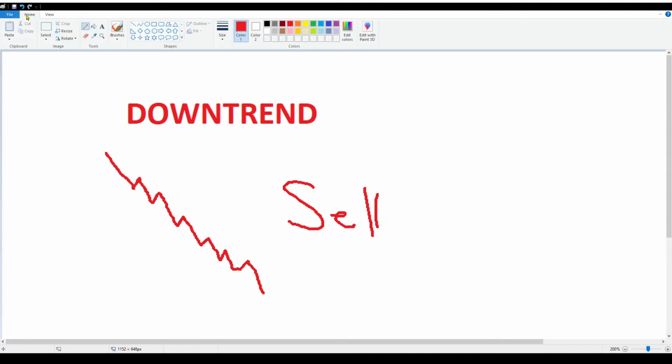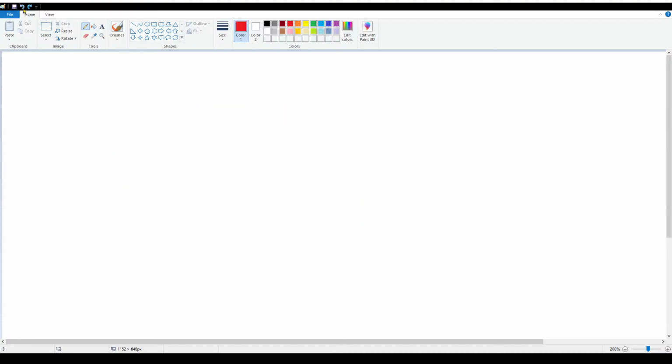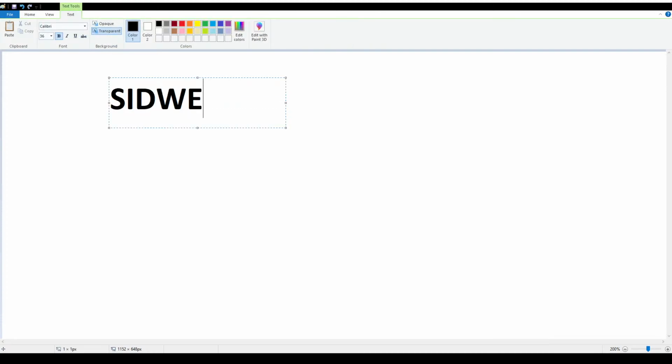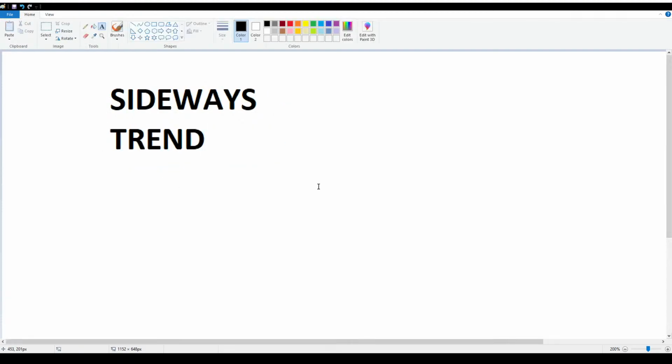Okay, and then the next one is the sideways trend. Okay, let's just do sideways trend. Let me just write it for you guys. The sideways trend. Okay, so it might get a little bit tricky here. What do I mean by the sideways trend? I mean that the market isn't making continuous higher points and it's not making continuous lower points.